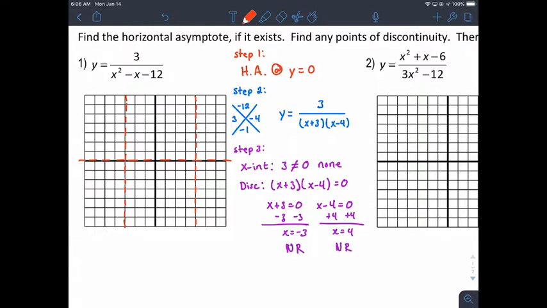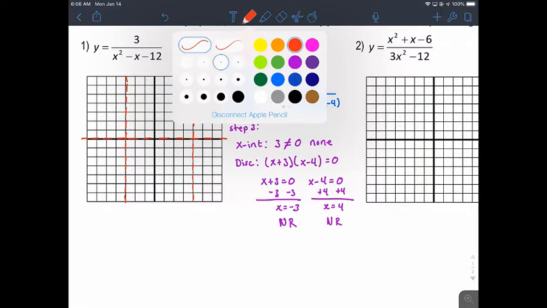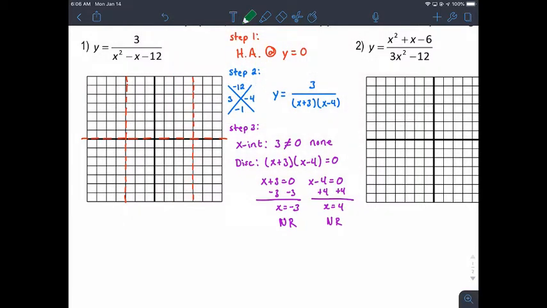All right. The next step is going to be what I call a sign chart. The reason why I call it a sign chart is because really nothing else goes on the chart except for signs. Every single time that we are building a sign chart, we're going to be putting two different things on there as numbers. One of those is our x-intercept.